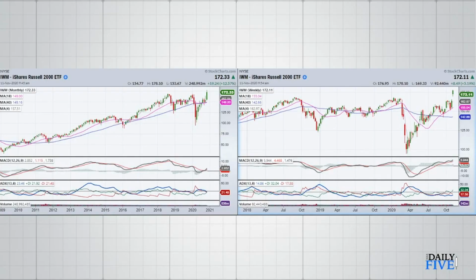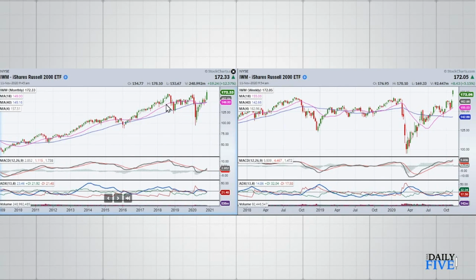I'm going to start out with a chart of the IWM, the Russell 2000. It's an interesting process, what has been taking place here. I've got a monthly chart on the left and a weekly chart on the right. I am running a live version of the ACP version of StockCharts right now.